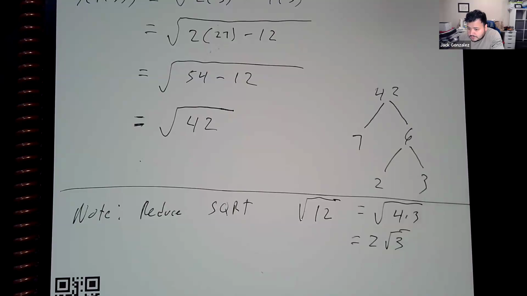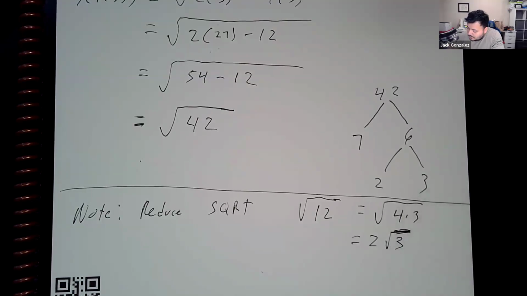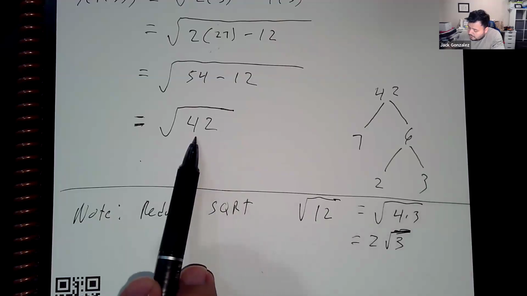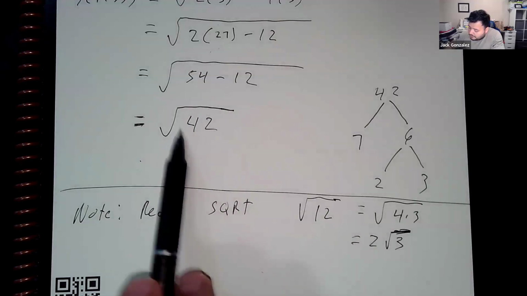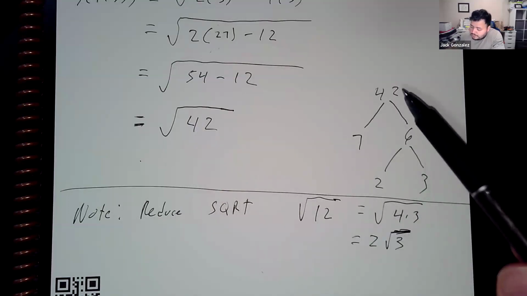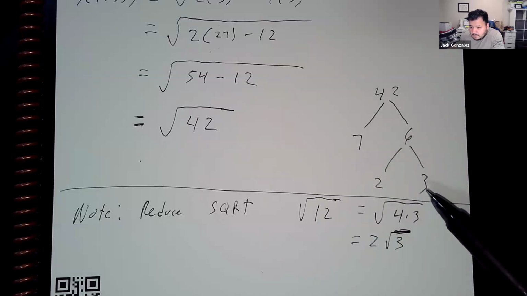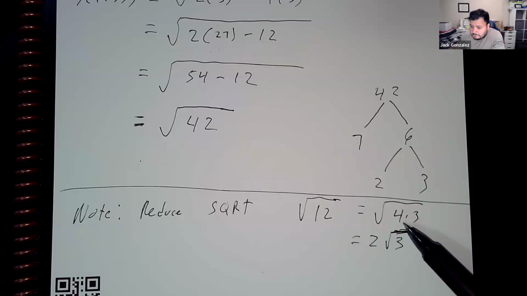That's what I mean by reducing square roots. If you have a number that can be factored, check for squared factors. If you break it down into primes, you can see if any number repeats, and then you can pull it out like this. Anyway, just in case you forgot.